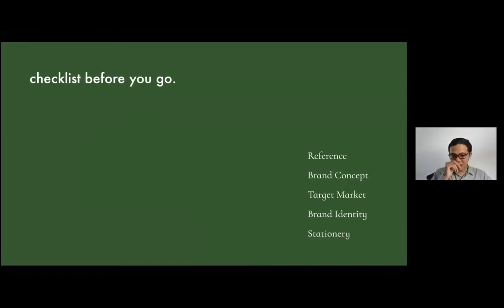Okay, I have a checklist before I go any further, so you can write it down. Before you start making a brand, you need references. If you don't know anything about making brands or styles, information is abundant now, so you can access it and gather all your references.